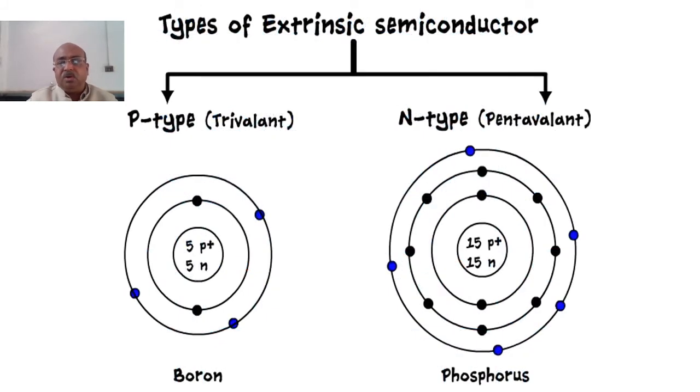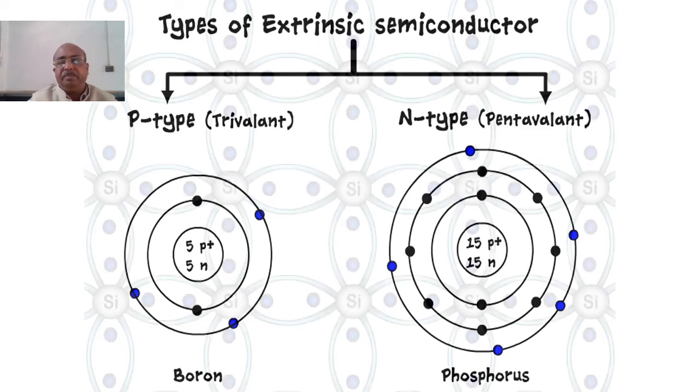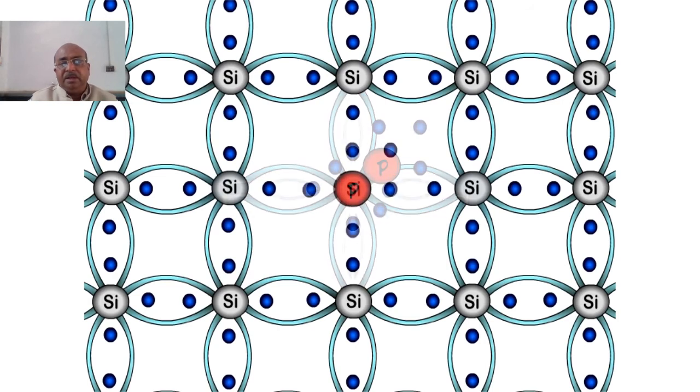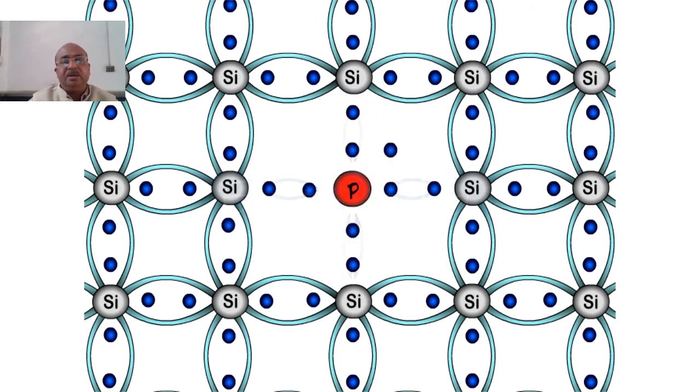Now let us have a look at how n-type or pentavalent impurities are added and how n-type semiconductors are made. While making n-type, we take silicon and add a phosphorus atom. When a phosphorus atom is added to the silicon material, it has 5 electrons in its outermost orbit.